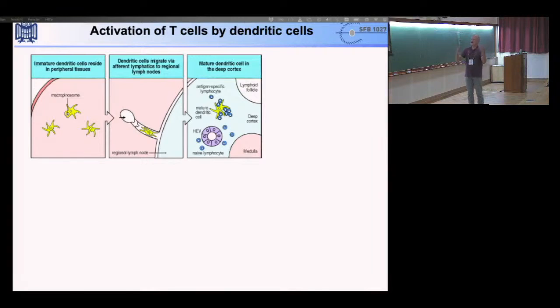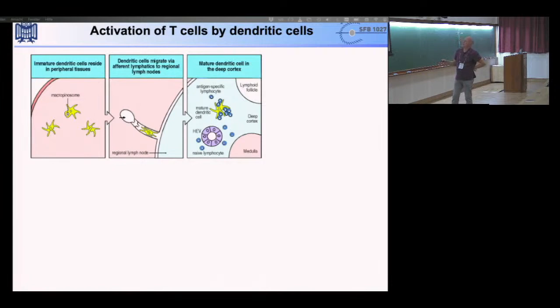So they endocytose this, make it shorter, then present it on a machinery which is called MHC, major histocompatibility complex, and show it on the exterior.